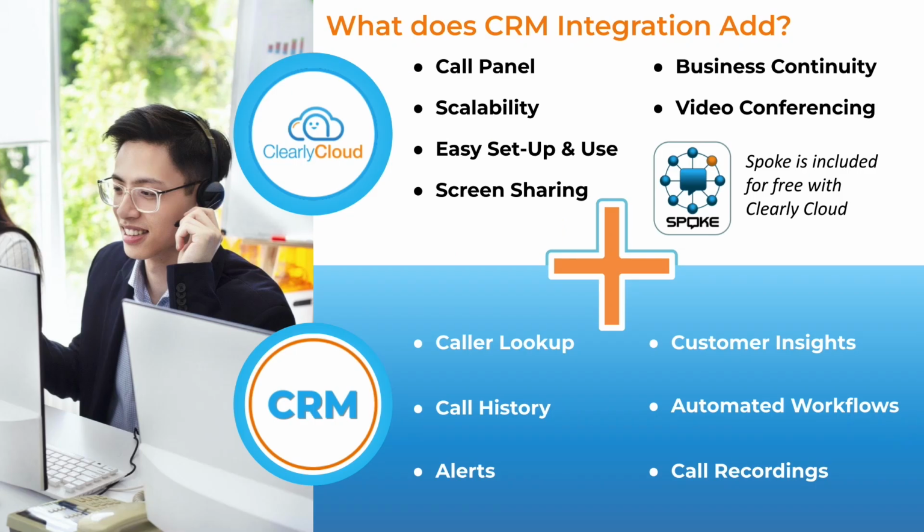So what is the CRM integration? Clearly Cloud itself is that UCaaS system that has video conferencing and screen sharing and all the normal things you'd expect with a unified communications platform. We've introduced this new product called Spoke. Spoke is our middleware that we've built from the ground up to allow integrating products like Clearly Cloud into other business systems.